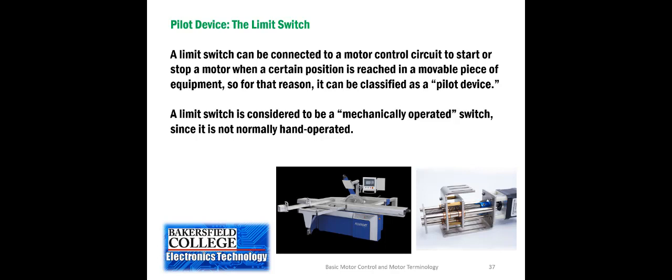Now we need to know when that table reaches the limit of its travel, and that's where a limit switch comes in handy. So the programming might be messed up, and it might think that the table has another 4 feet to travel, but in actuality you might have 18 inches.